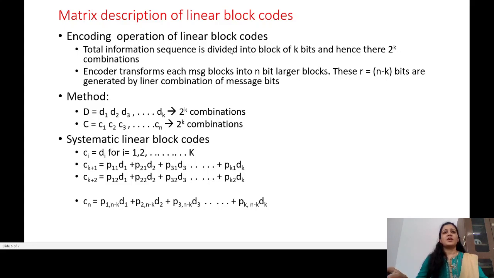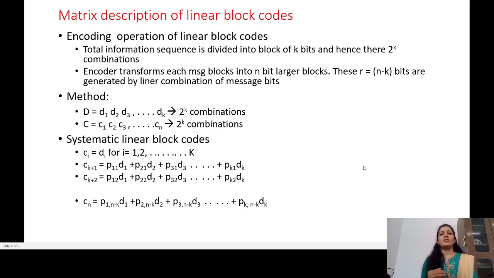The total information sequence is divided into blocks of k bits. That means if we have a page of information which I want to send, what your source encoder will do is, initially with the help of some encoding technique, convert the entire message into binary data. Once it converts the entire message into binary data, that binary data is divided into a number of blocks.